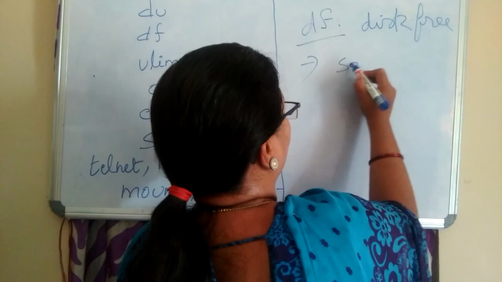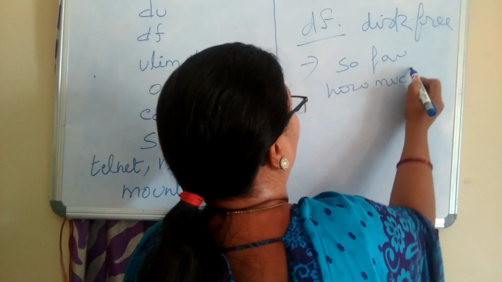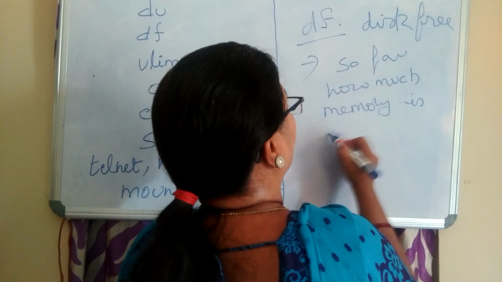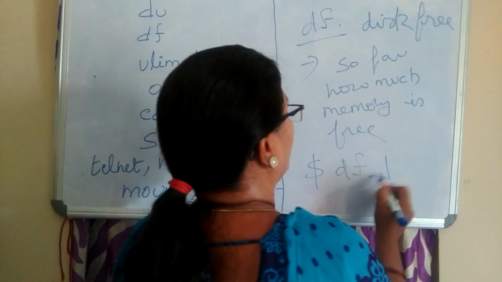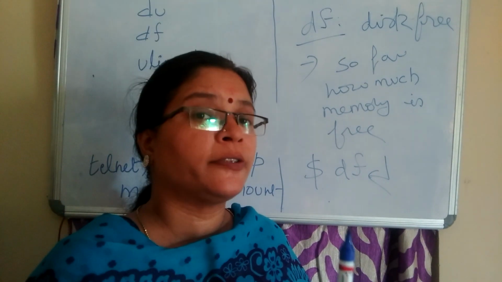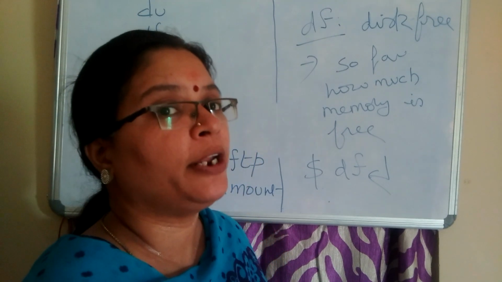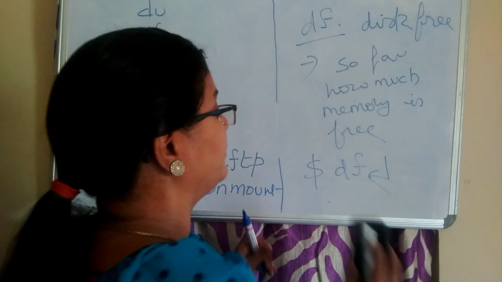So far how much memory is free. Simply you type $df, enter at the command prompt. It displays the free blocks available in the memory. So these two are most widely used to know the details of the memory, du as well as df.